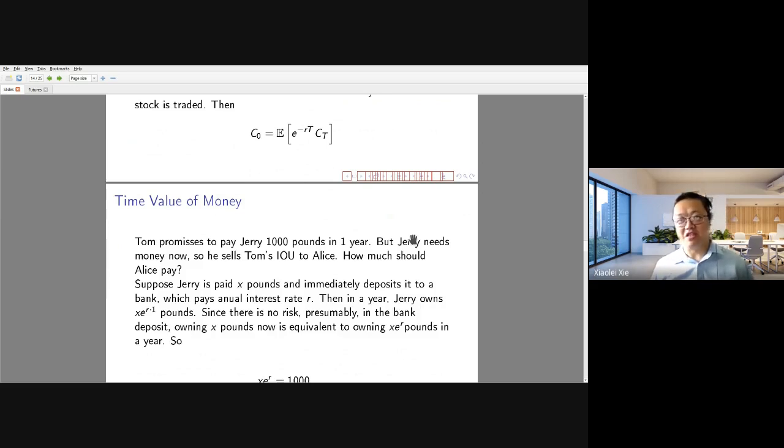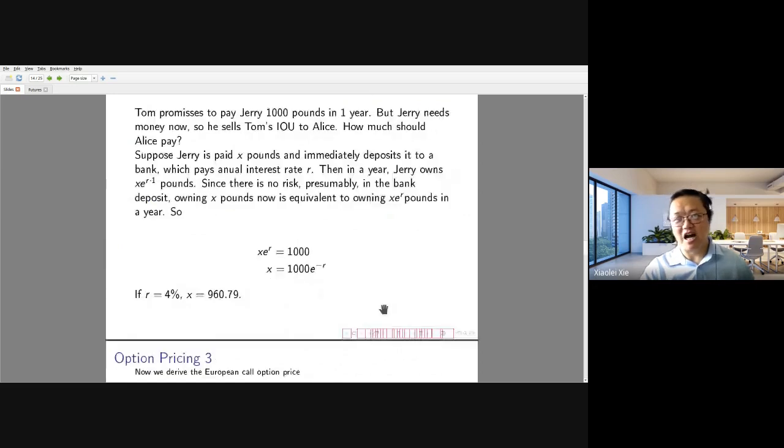So that means in a year's time, Jerry, from his initial deposit of X pounds, will have X times e to the power of R pounds, because there's no risk involved in this bank investment. So that means getting X pounds today is exactly equal to only X times e to the power of R pounds in 1 year's time.